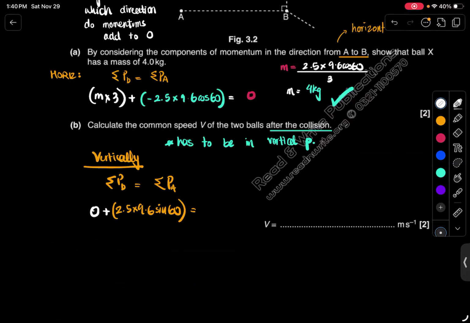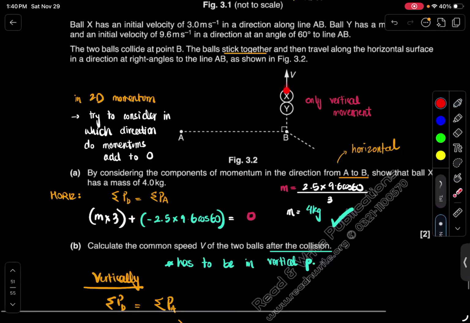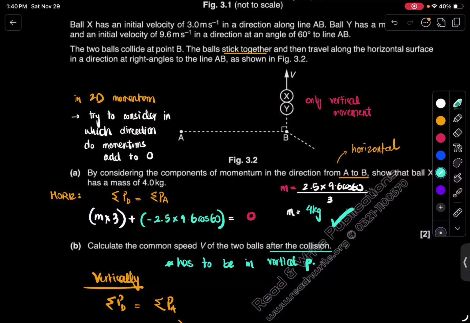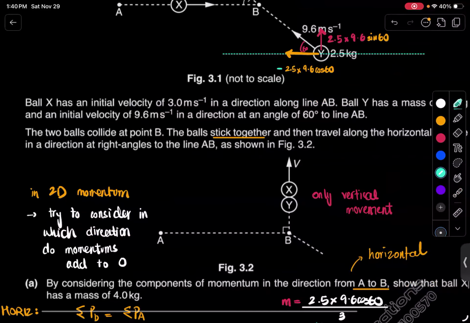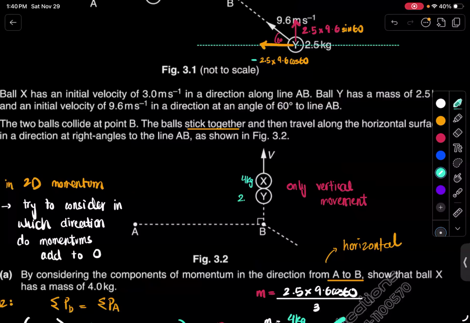Then, what is the vertical momentum after collision? What is the mass of ball X? It was 4 kg. What is the mass of ball Y? It was 2.5 kg. Now they have the same velocity, right?